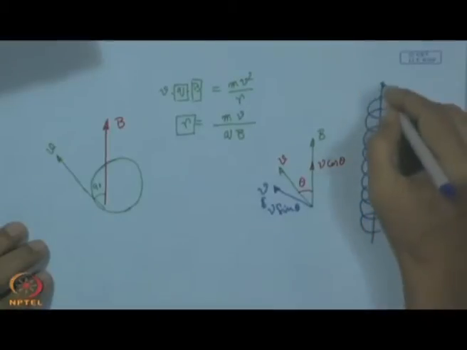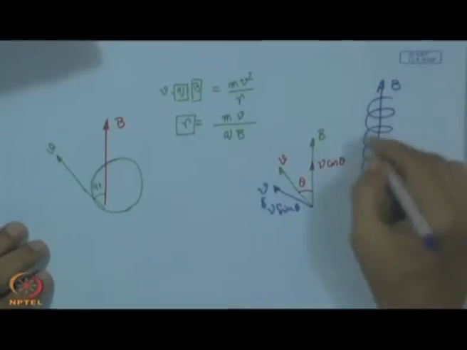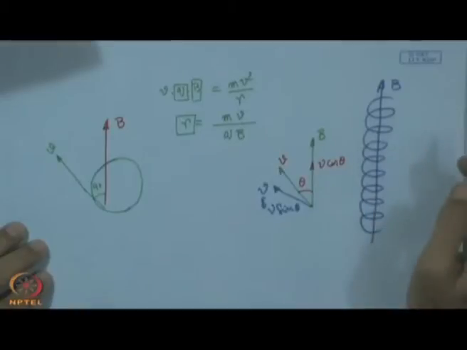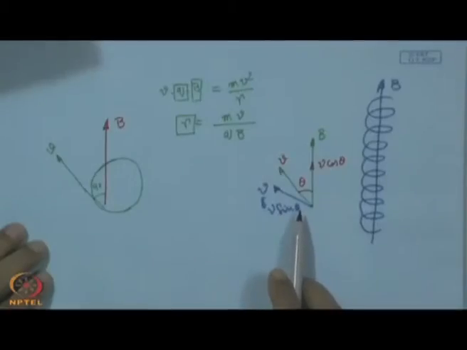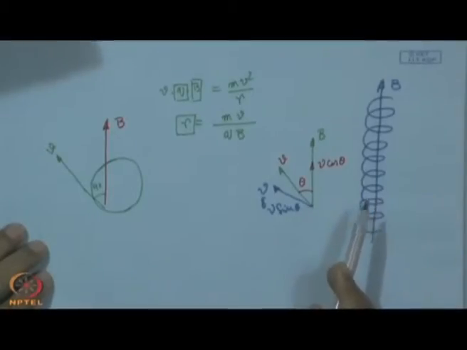This will be the direction of the magnetic field, and the particle will keep on spinning in a spiral motion. That will be the motion of the charged particle when it is not at right angle, but is making an angle theta with the direction of the magnetic field. So, these are just two examples of how a charged particle will behave when it is put in a magnetic field.